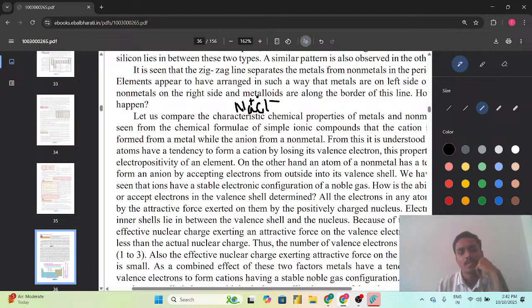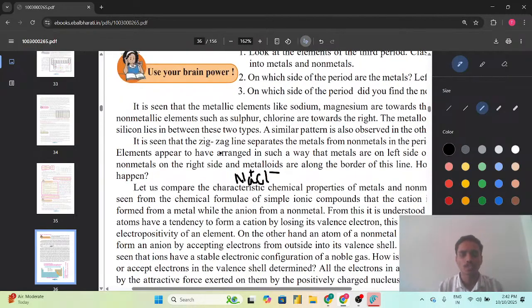So Na के पास पॉजिटिव चार्ज क्यों और Cl के पास नेगेटिव चार्ज क्यों है? That is the reason: the sodium atom has the electronic configuration 2, 8, 1, which we have seen earlier, that 2 8 और 1 जो कि Na का इलेक्ट्रॉनिक कॉन्फ़िगरेशन है, and Cl का इलेक्ट्रॉनिक कॉन्फ़िगरेशन अगर हम देखेंगे तो 2 8 और यहाँ पर है 7.